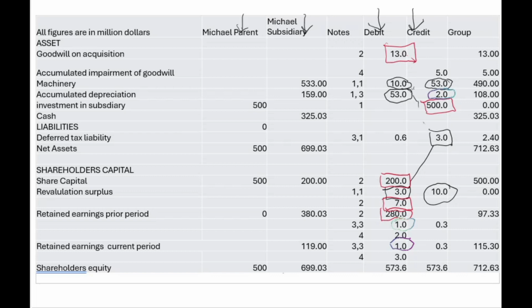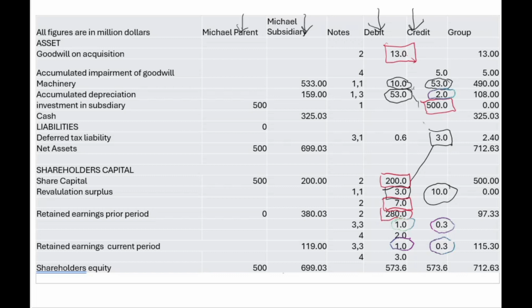So this 1 million of depreciation expense gives rise to income tax expense, a decrease of 0.3, and the previous year's 1 million depreciation expense, which is in the retained profits.